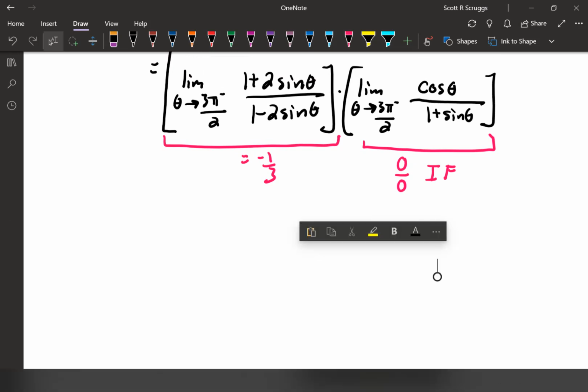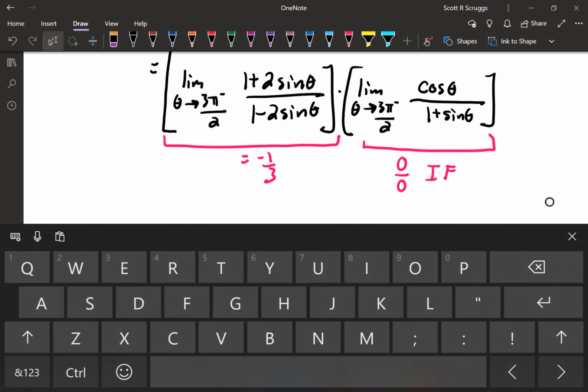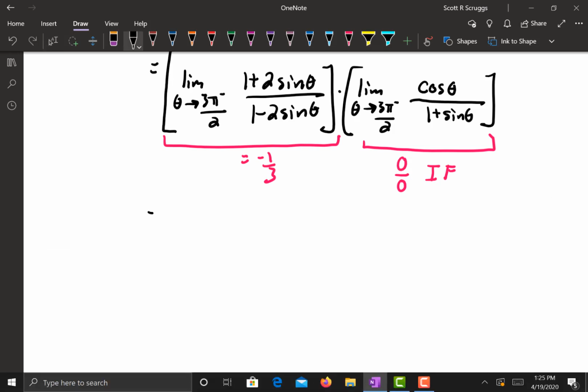Which means I could go ahead and evaluate this limit, giving a negative 1/3 times the limit as theta goes to 3 pi over 2 from the left of cosine of theta divided by 1 plus sine of theta.